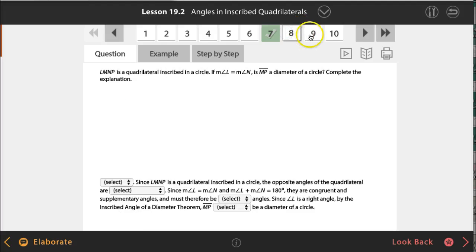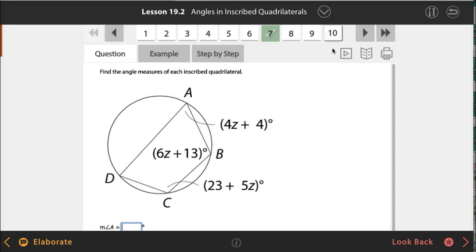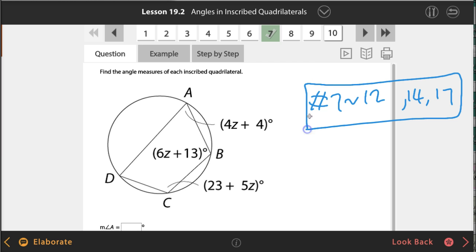Let's see, what about 8, 9? Yeah. So number 7 through 12, let me write this down. In the evaluate section, it will be number 7 through 12, and then number 14 and 17. So please work on these questions in the evaluate section so you'll be prepared for the coming assessments.